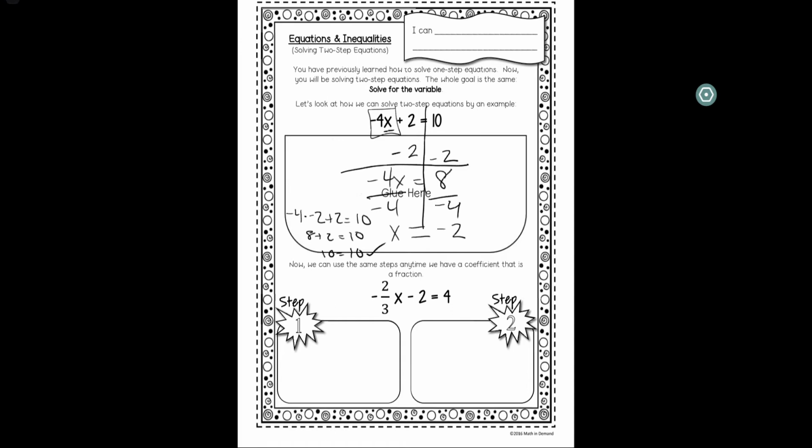Okay, so now we can use the same steps anytime we have a coefficient that is a fraction. Okay, so our step 1 says that we need to add or subtract the constant. So since it's subtracting, we're going to add 2 to both sides. So negative 2/3 x is equal to 6.